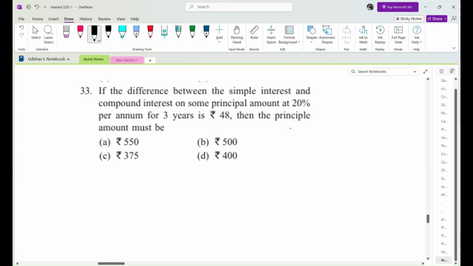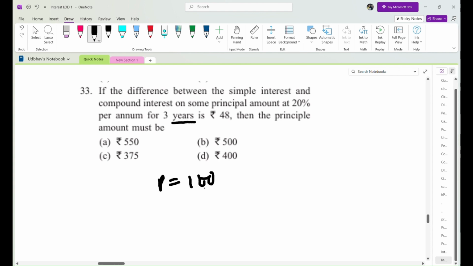If the difference between the simple interest and the compound interest on some principal amount, okay, let's say the principal amount is 100. We cannot use the formula because that formula is for 2 years and we are asked for 3 years.